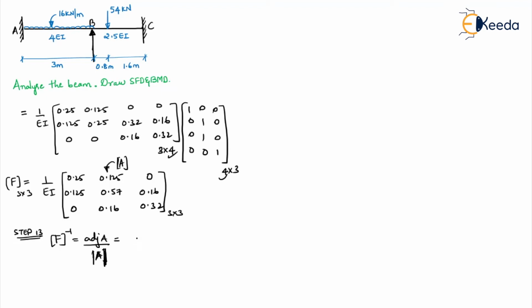So I am directly writing the value for you. It's EI into 4.585, minus 1.17, 0.585, minus 1.17, 2.34, minus 1.17, 0.585, minus 1.17, and finally it's 3.7. So that's your step 13.